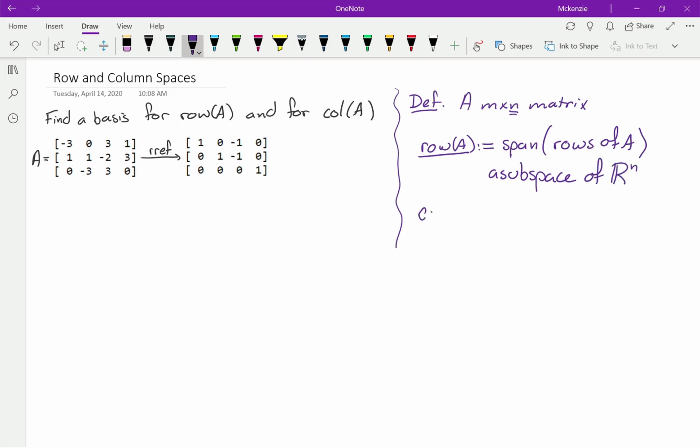And then the column space, which is defined to be the span of the columns of A naturally. Well, every column has m entries in it, so this is a subspace of R^m. And given that they are subspaces of something, this means they have bases.